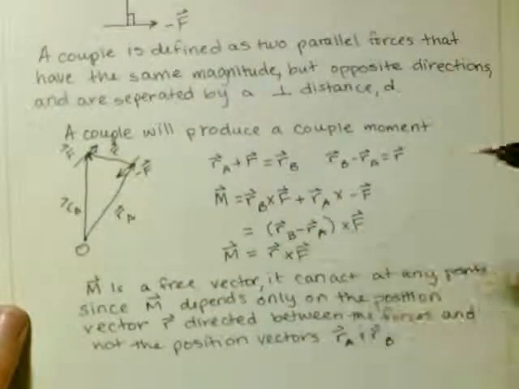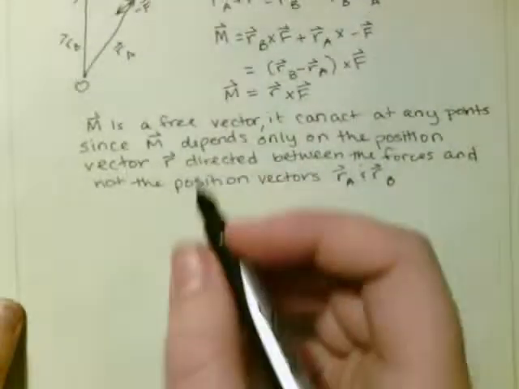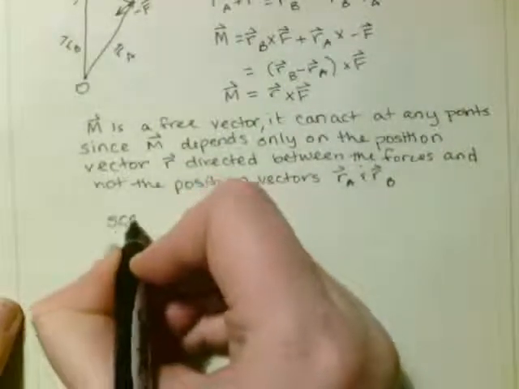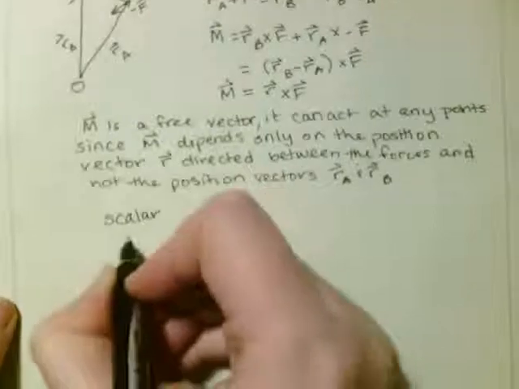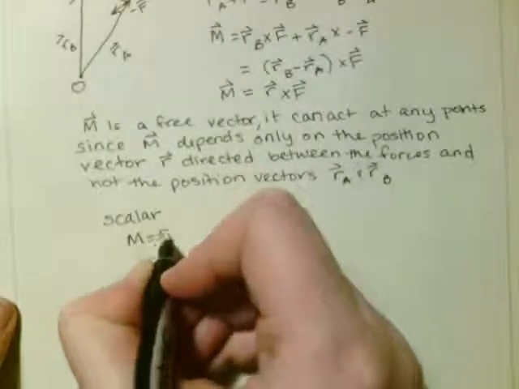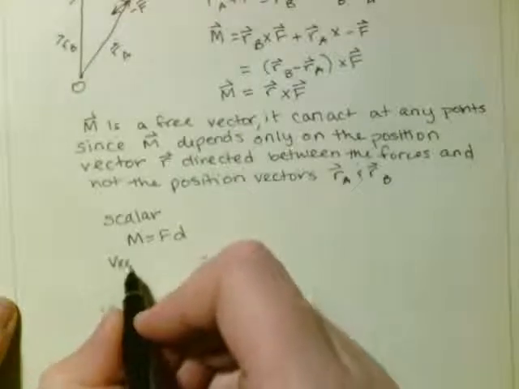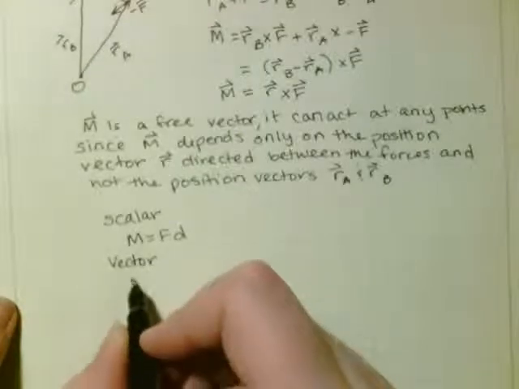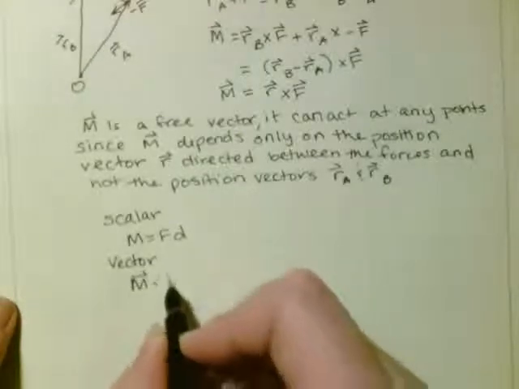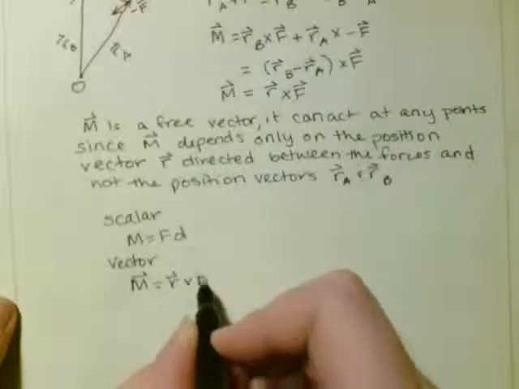So your moment will be the same. So in scalar formulation, the moment is equal to the force times the distance between the two forces. And in vector notation, the moment is equal to R cross F.